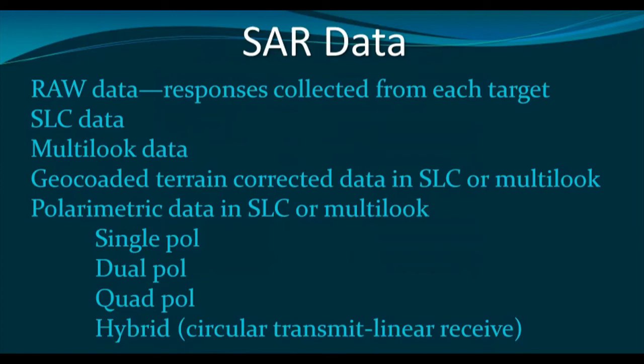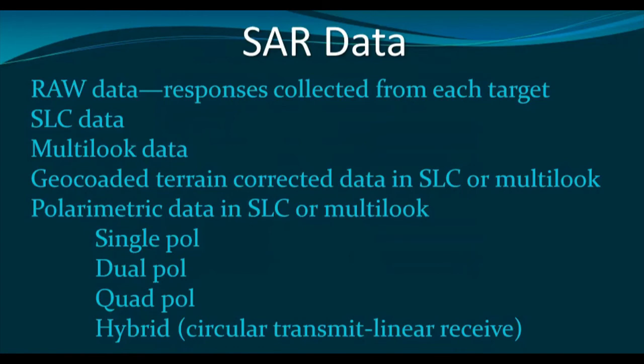Then we may have the single look complex data or multi-look data, as we discussed multi-look processing in the last class. So, you know what it means by multi-look? A single beam is split into multiple beams, and instead of one pixel we generate multiple pixels, and then these pixels are averaged to generate a single pixel, and it definitely reduces the speckle effect.